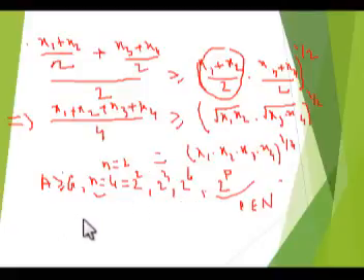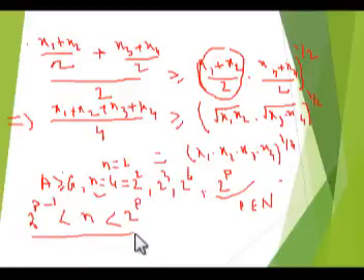So we will take n as such a number which belongs to the range between 2 to the power p minus 1 and 2 to the power p. N belongs to this inequality. Now we establish this result again.